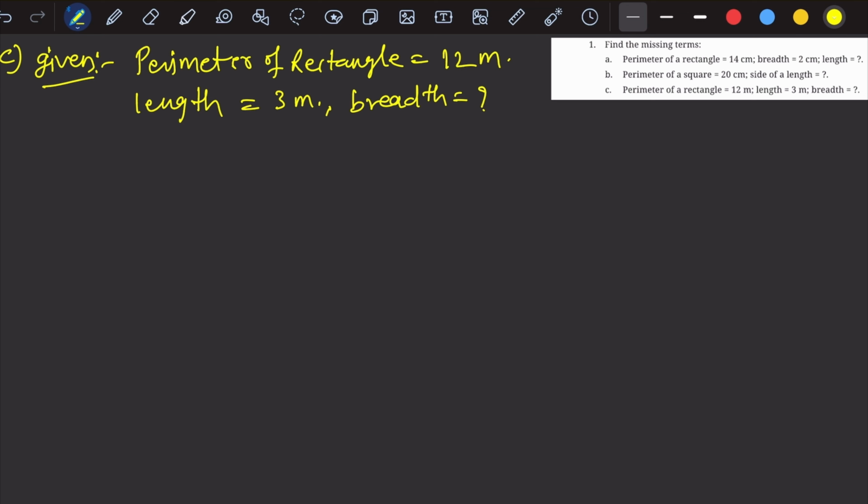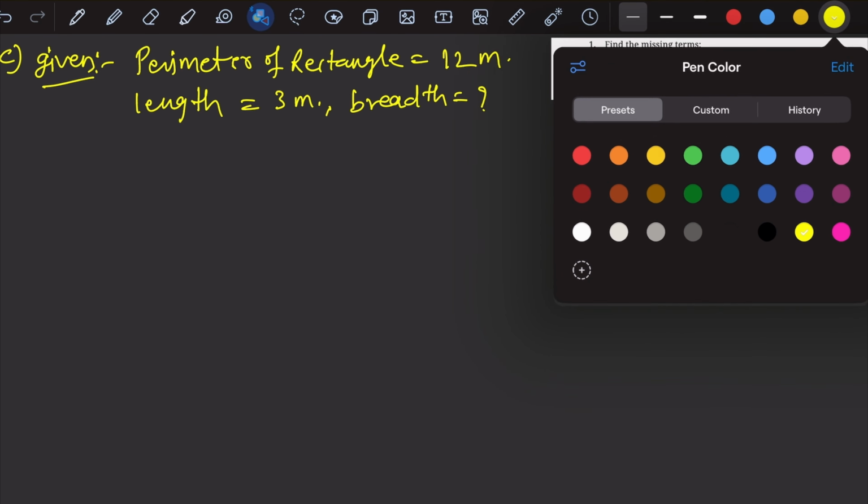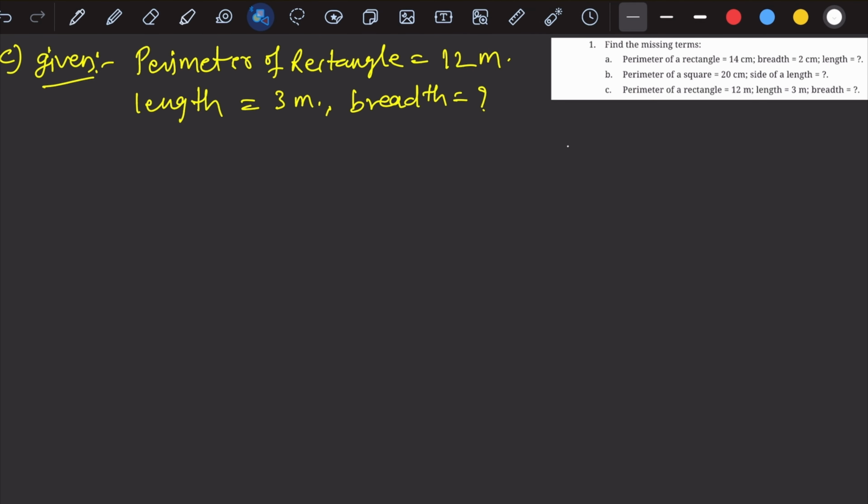Okay, so I will make one rectangle. Okay, let's suppose this is a rectangle. We have value of length here.